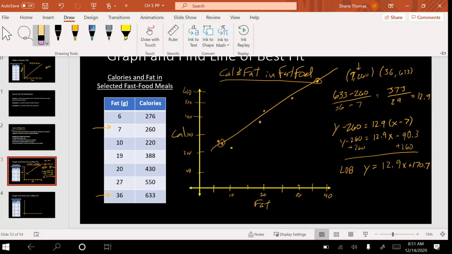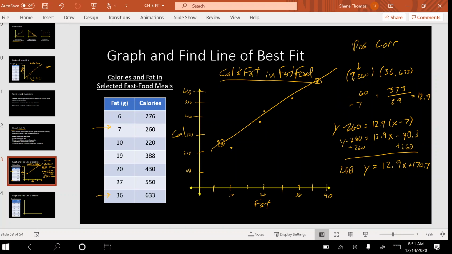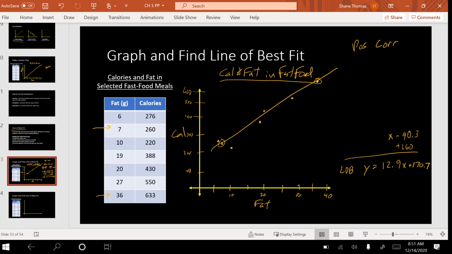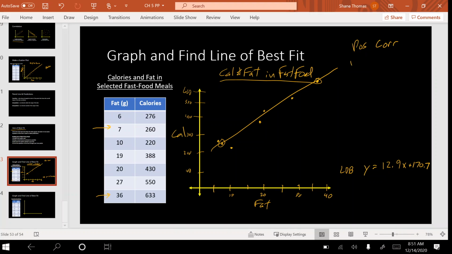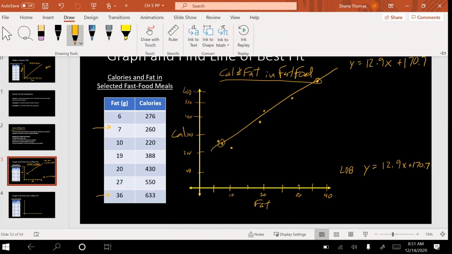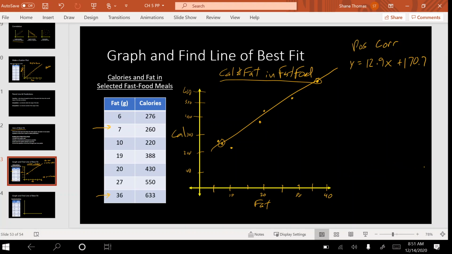If I erase it for more room, you all right? So I'm going to rewrite this up top here. So that is the equation for my line of best fit.